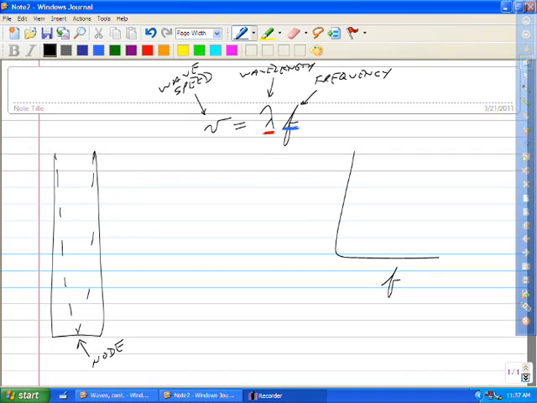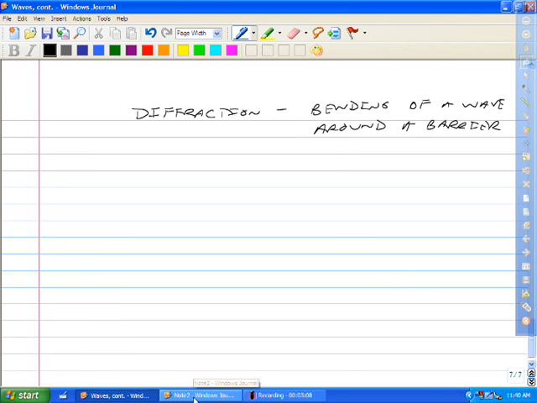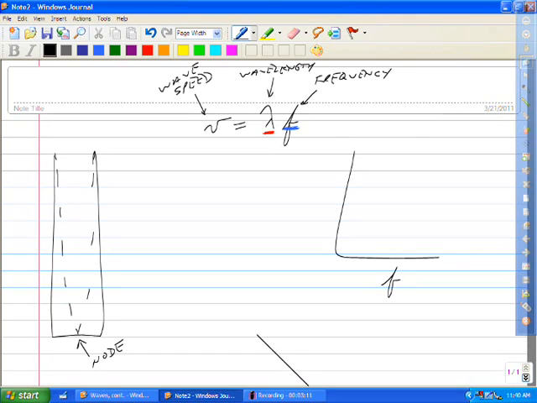Because at the top of the air column was then what? An antinode, right?